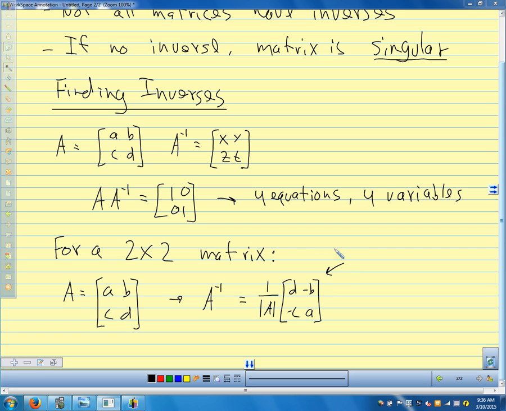If you go further and study linear algebra, this matrix that you get by doing this process comes up relatively frequently. It's called the adjoint or adjugate matrix.